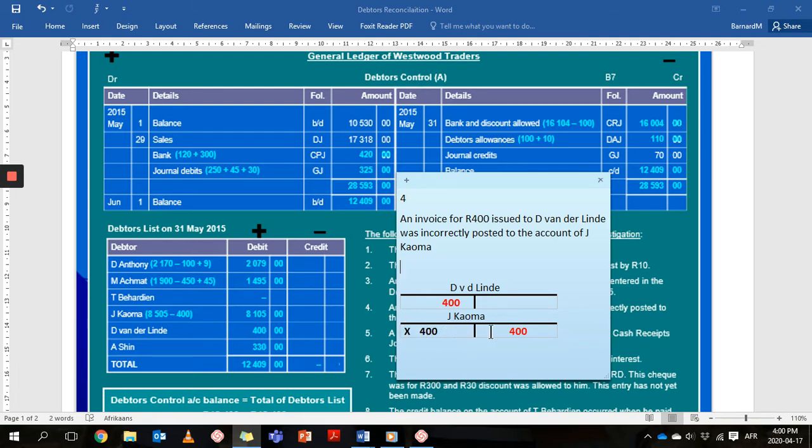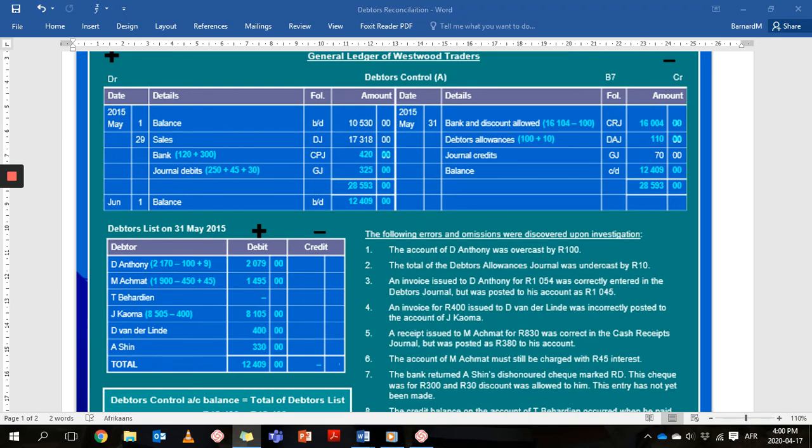So I need to credit it in order to take it out here and debit D. van der Linde's account. So if you look at the two accounts here, there you see D. van der Linde's account. He now has a first entry, and in Kahuma's account, the 400 rand is being taken out there. So there was no entry here in the debtors control account.